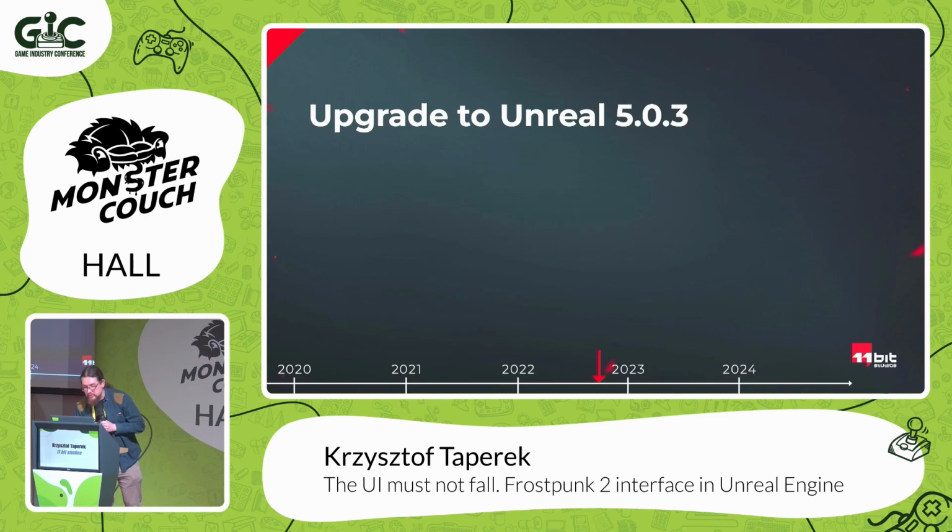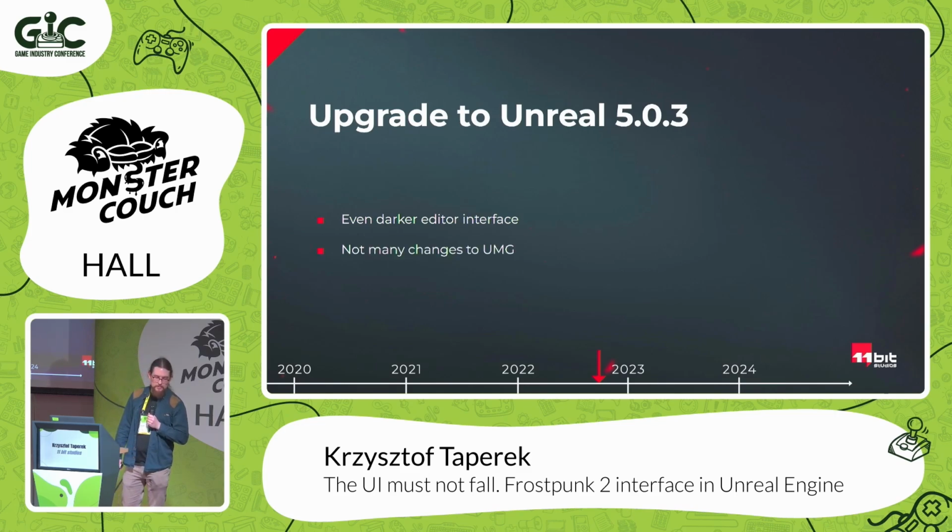So that was our approach, to just upgrade after a few patches, and it gave us an even darker editor interface, and for UMG almost nothing. So it was important for the rest of the game, but not for the UI, basically. It added Common UI, which is a nice library of widgets, but they were crashing at that point quite often.